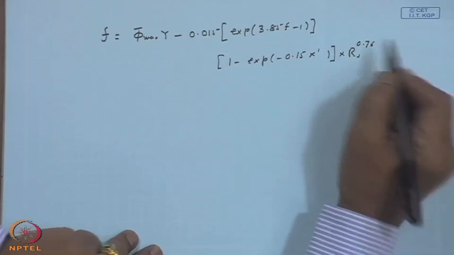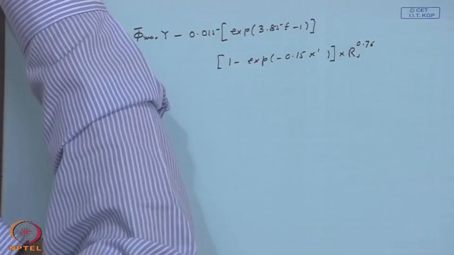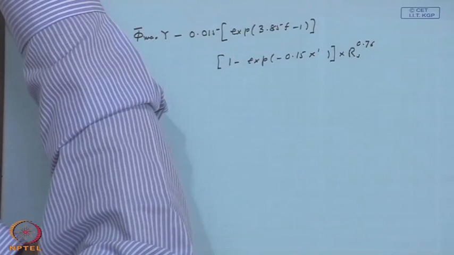I shall quickly go through. R s is the ratio of the standard storage to the actual storage, and F is the solar load fraction.